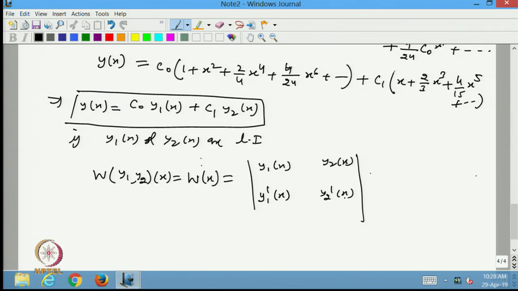So, I will try to find the Wronskian for this corresponding solution.